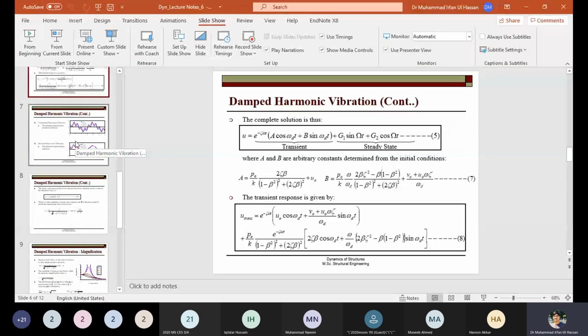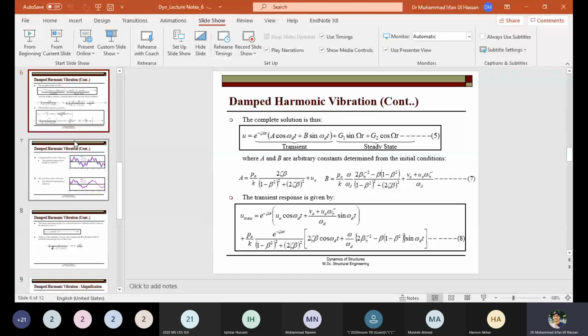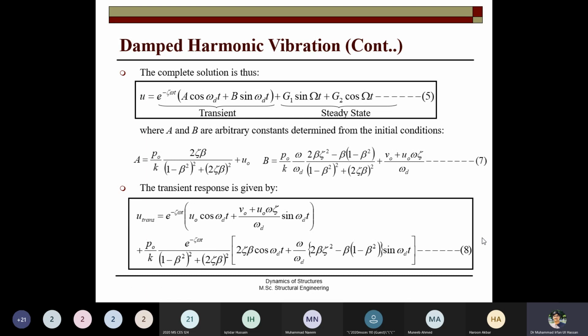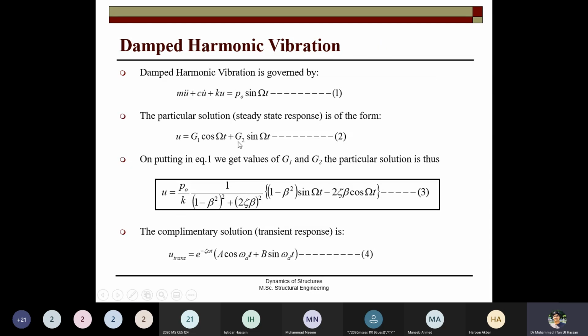So now the damped harmonic vibration I was discussing. The complete solution for the damped harmonic vibration is this, an initial solution.